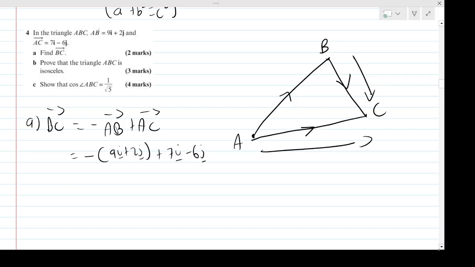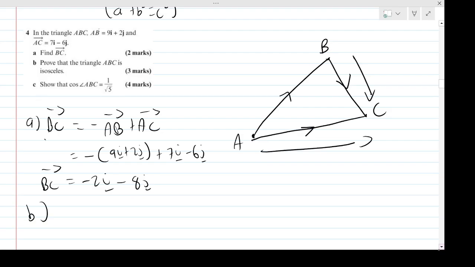Combining the i and j parts, minus 9i add 7i is minus 2i, and 2j minus 6j is minus 8j. And there we are, that's my vector BC.